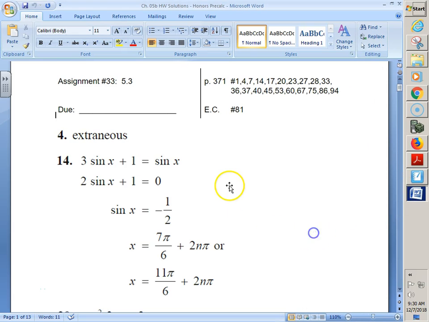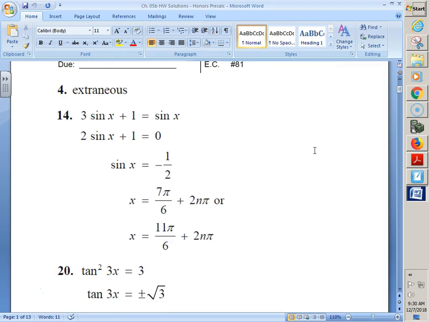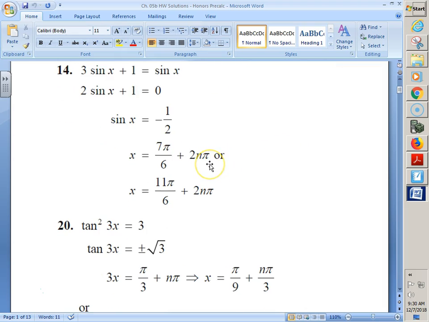Okay, section 5.3. Number 4 was extraneous. Ooh, that word came back. Number 14, you were solving for all. Wait a minute, no, they wrote 2n pi. We wrote 2 pi n. It's the same thing. However, I think Kathleen might have written this. No, that wouldn't have worked.